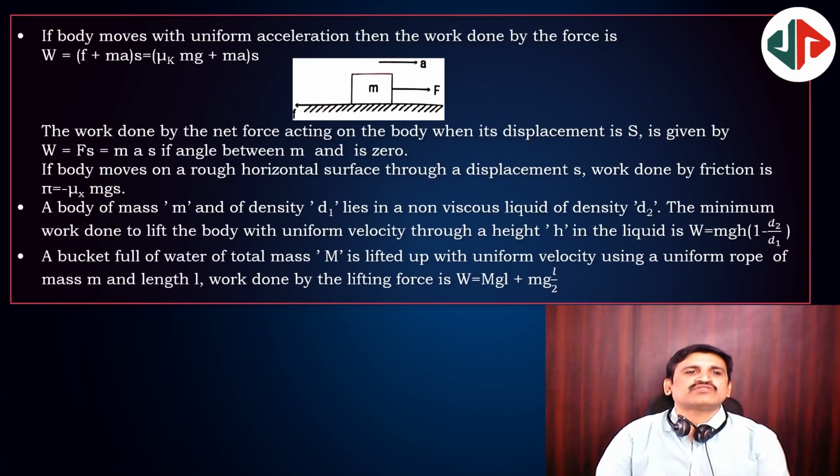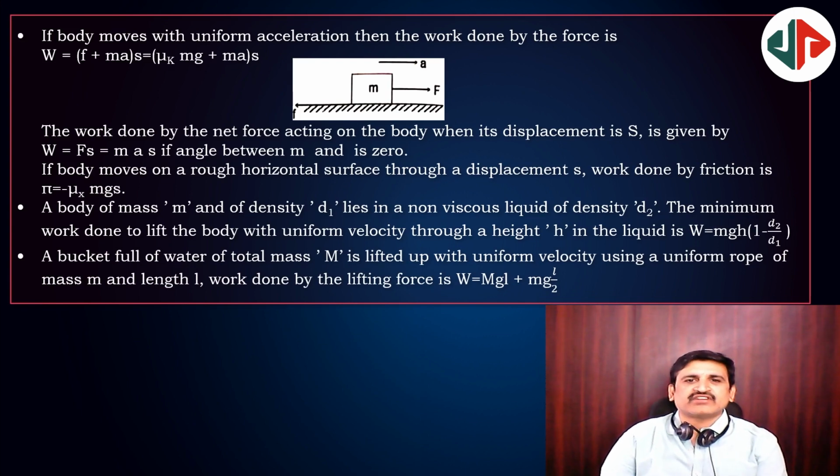A body moves with uniform acceleration a, and it is experiencing friction f. Then the applied force must balance friction and also give acceleration. So its work done will be F plus ma, the total force, into displacement. That is the logic here.